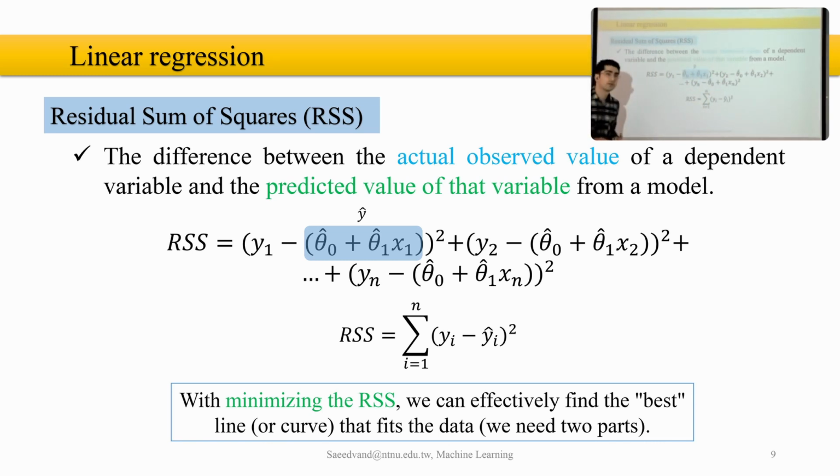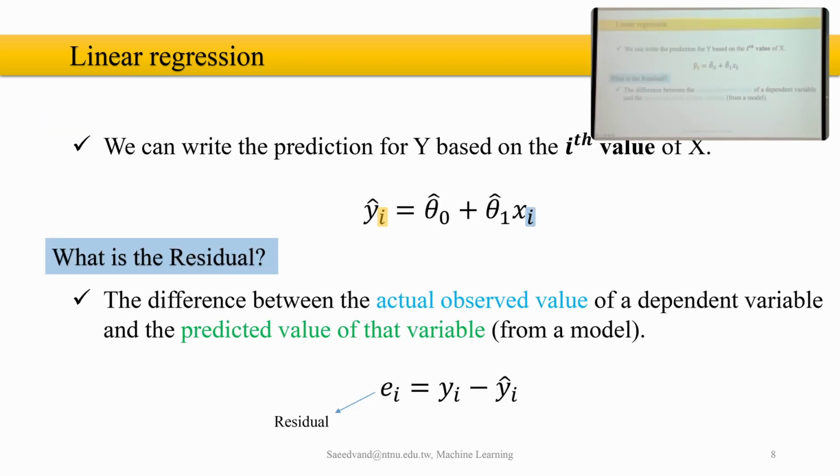Just a quick question. Why is it first minus theta hat 0 and then plus theta hat 1? Shouldn't it be both minus? No, this is because of the model. This is y hat, the linear regression model, and this is the label output that we take the difference with.